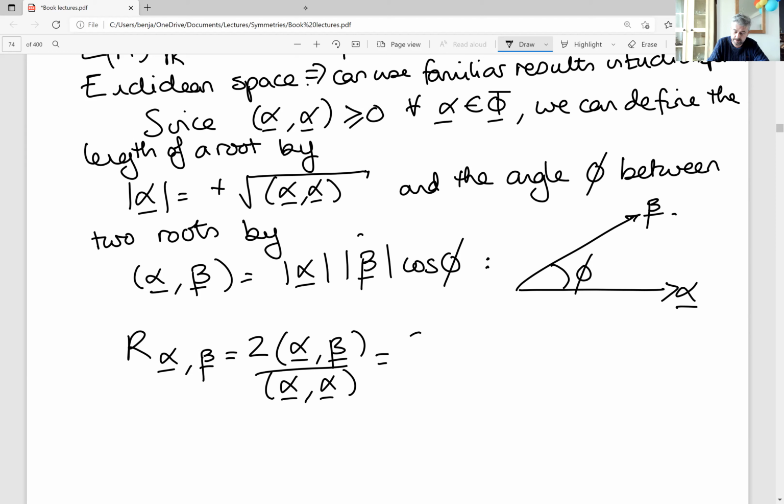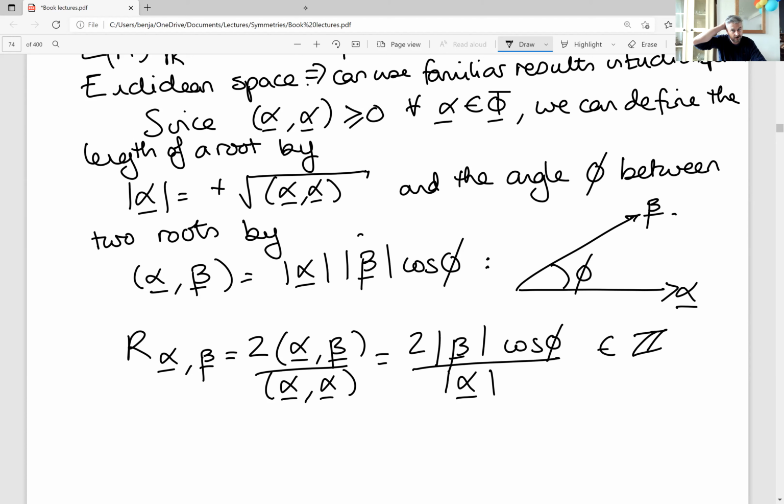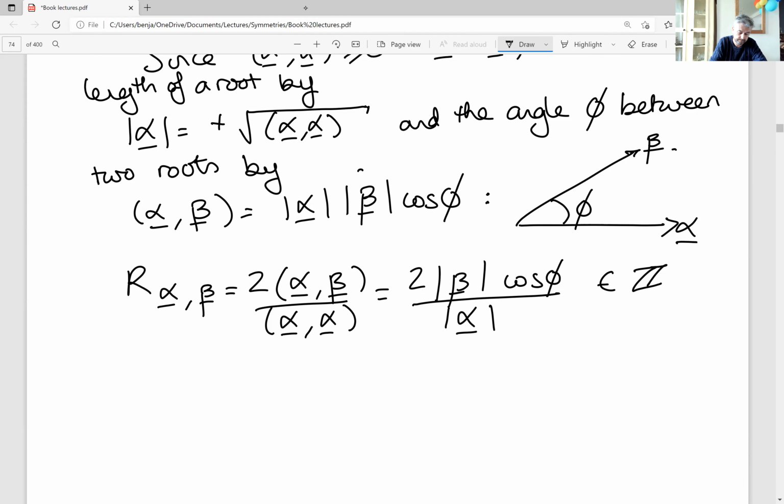So this is twice the length of beta cos phi over the length of alpha, and it's an integer. So now if I consider r beta comma alpha, since the inner product is symmetric, we also get alpha comma beta on the top.